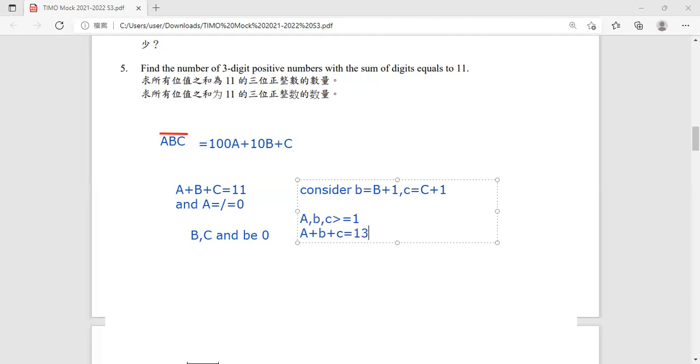So what can I do next? Now you can consider that there are 13 number ones.